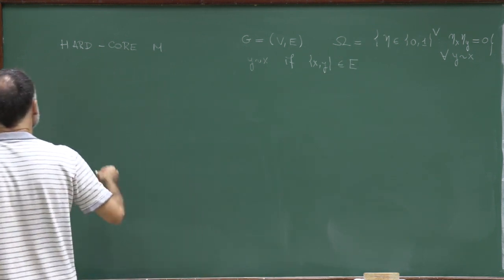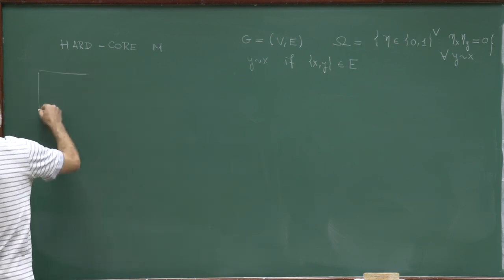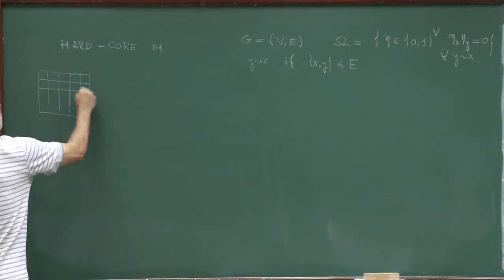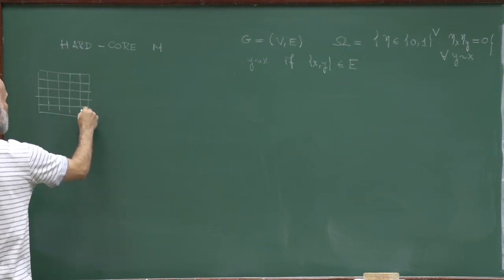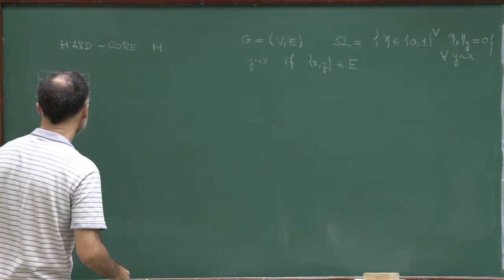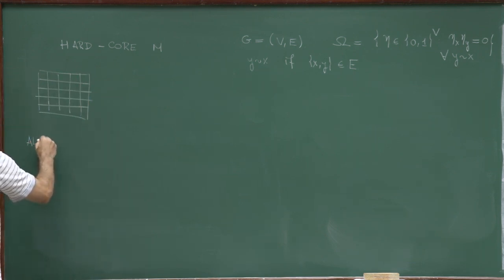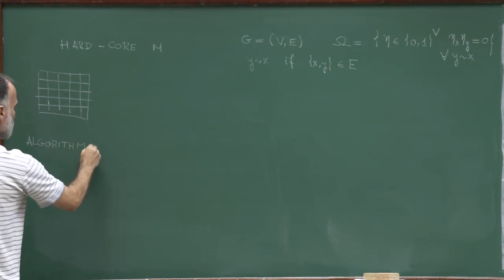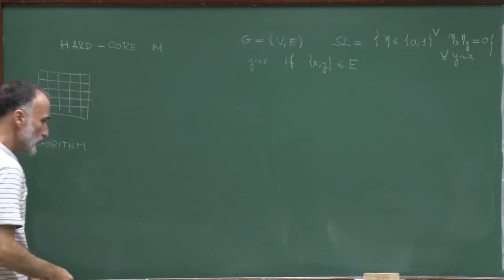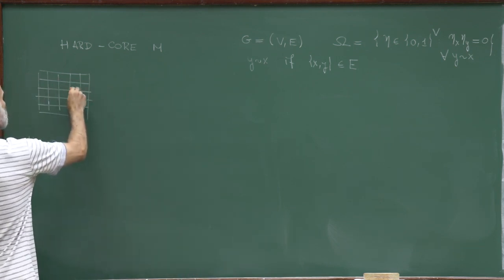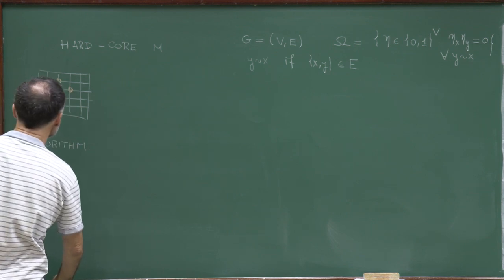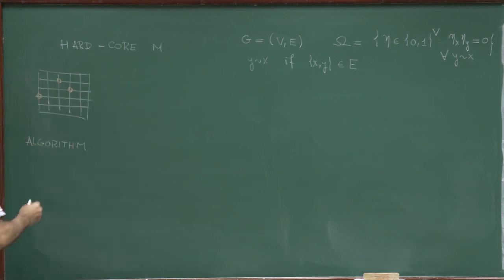Let me make a picture which I will use to illustrate what I'm proposing. I'll propose an algorithm, let me write it here, to construct this Markov chain. The idea is that at some point you have a configuration. Let me illustrate this configuration here. It has, say, 3 particles. The algorithm works as follows.